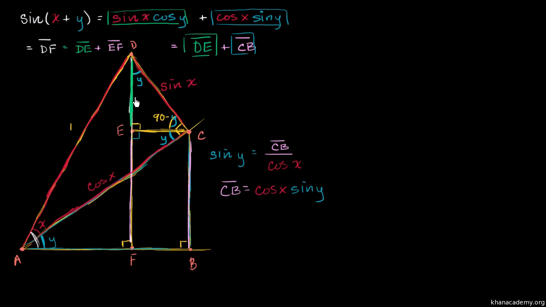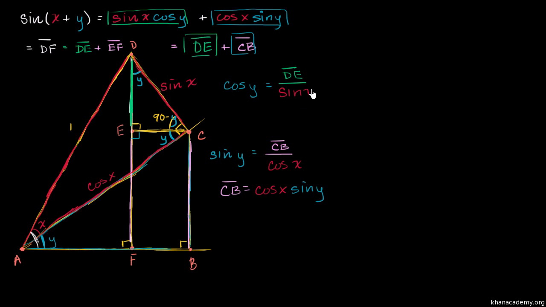And that is useful for us because now we can express segment DE in terms of y and sine of x. What is DE to y? It's the adjacent side, so we could think of cosine. We know that, if we look at triangle DEC right over here, the cosine of y is equal to segment DE over its hypotenuse, over sine of x.